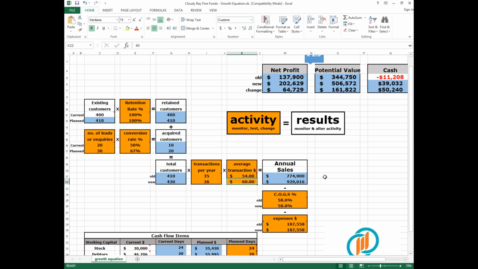So at this point, what we would normally do with a client that we're working with on the growth equation is we will ask them, is this number realistic? How confident are you in achieving this number?